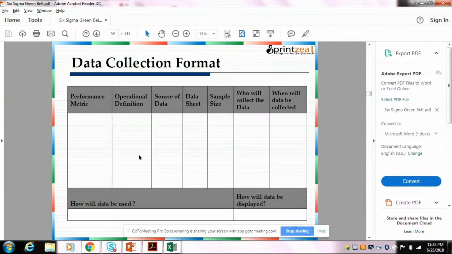So we need to collect data on the average handling time and then analyze average handling time versus the hold time, and see if there is a significant impact of hold time on the average handling time or not. And remember, I keep on saying significant because we only work on factors which are significant.